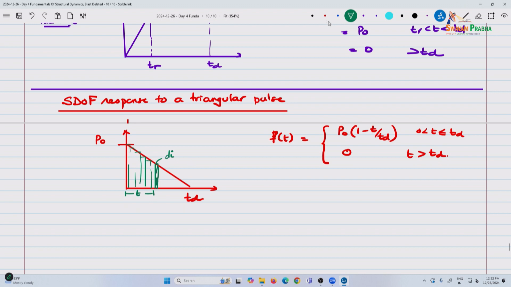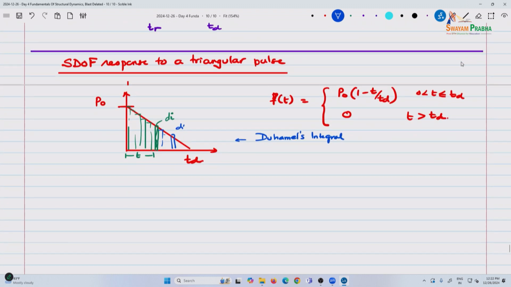If you consider somewhere here, you are going to consider the dI here at t, another t, all these. So, you have to keep adding, and all these you can do. There is an integral, I think it is Duhamel's integral. You can use that technique to calculate the response analytically.